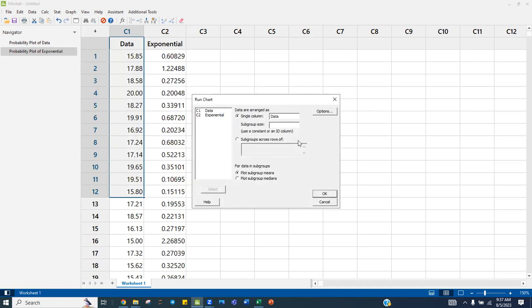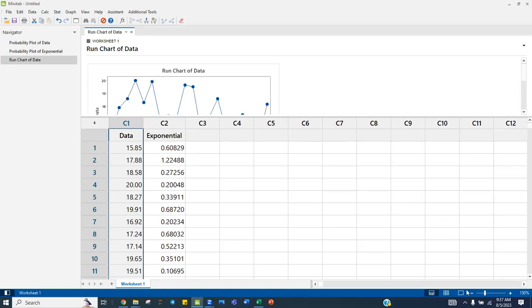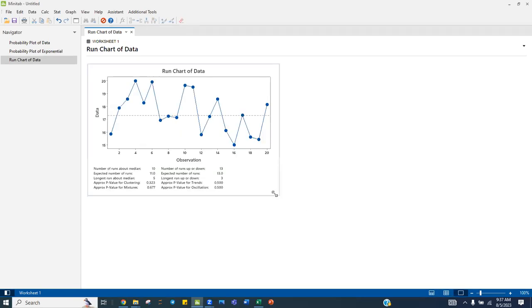Because my data is normal, I am selecting here to plot the subgroup size around the mean. This is the option, mean I will be selecting. If the data is not normal, then ideally I should be selecting the median here. So I have selected mean, clicked OK, and here is a graph in front of me.